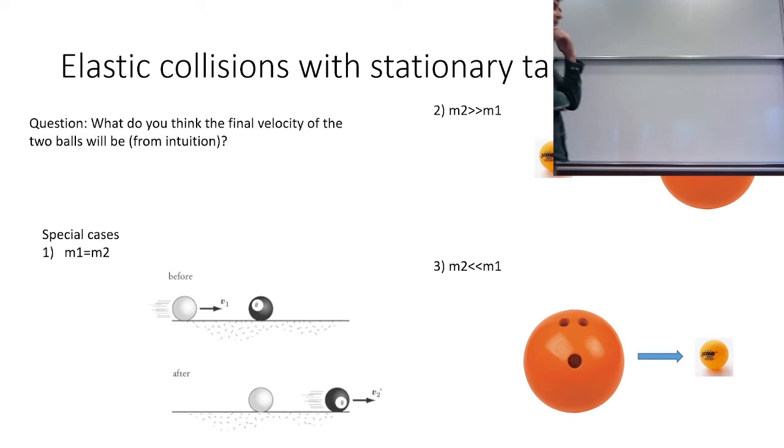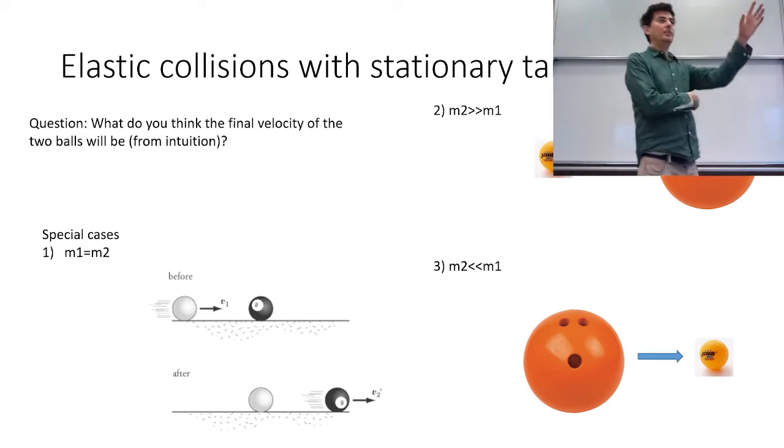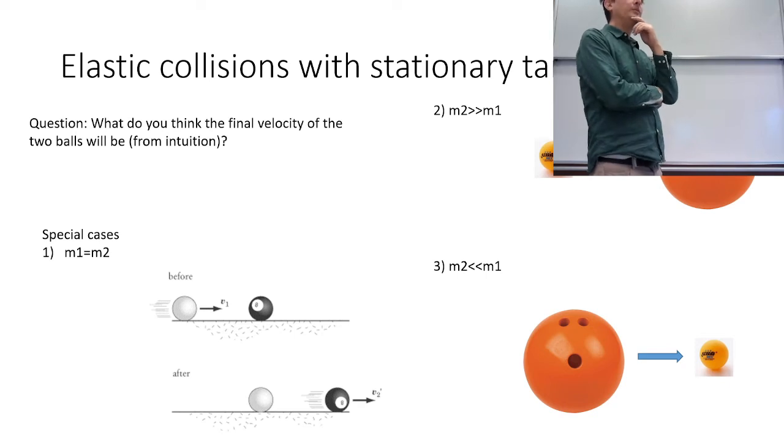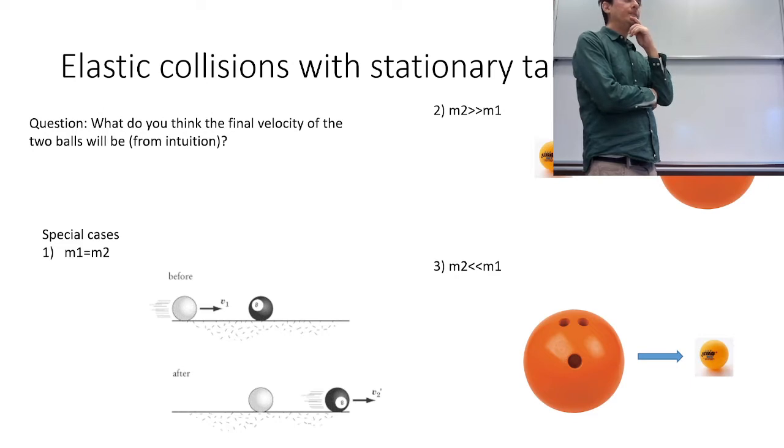All right, what about the second one? You've got a ping pong ball, and it's going to hit a bowling ball. What do you think happens in this case? Right, yes, exactly.